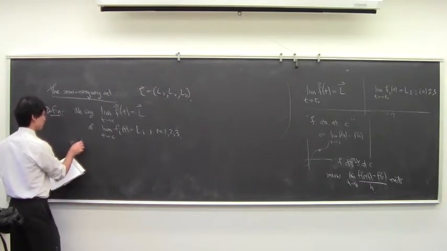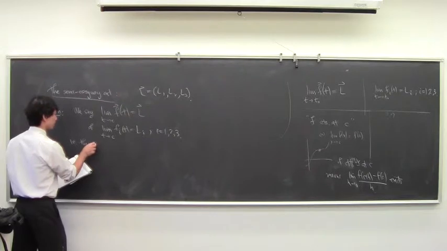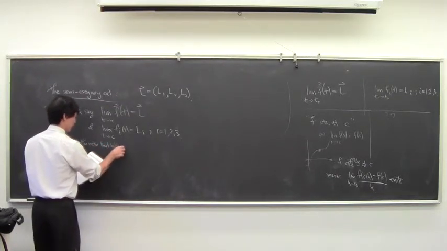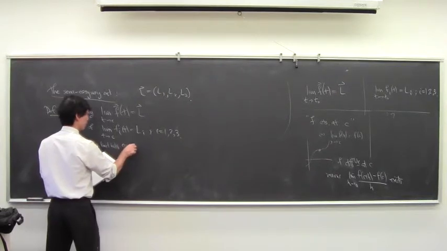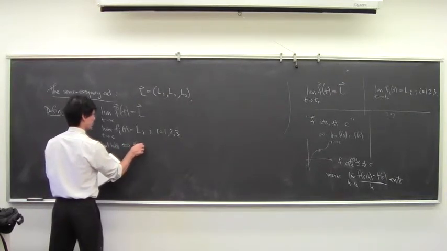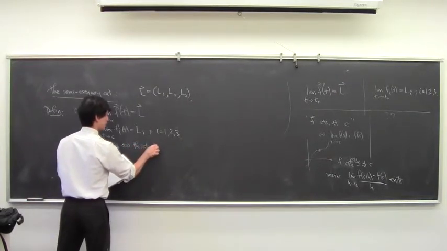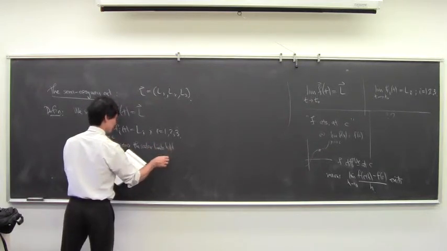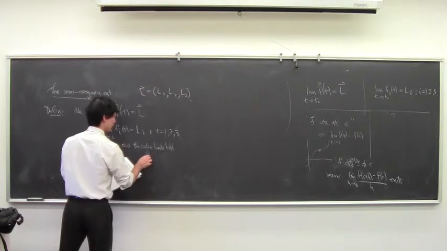In other words, the vector limit holds if and only if the scalar limit holds in each component.